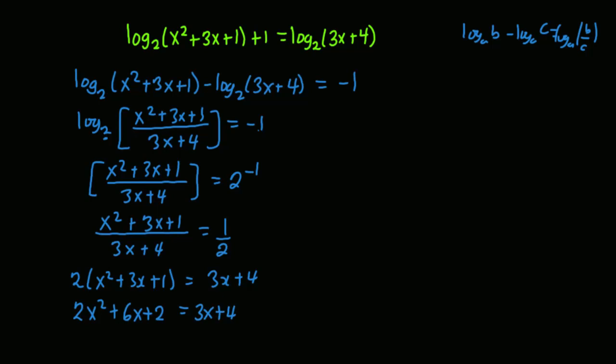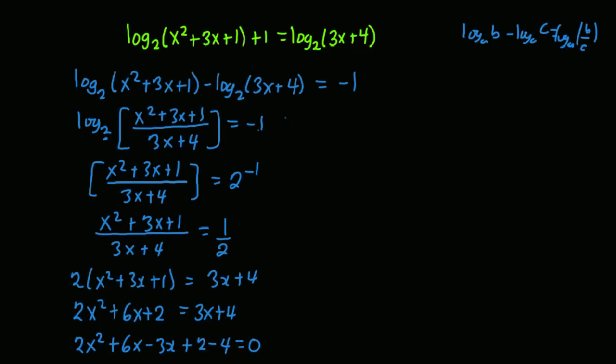So grouping like terms, since this is quadratic, let me send the right hand side to the left hand side so that the right hand side becomes 0. So I'll get 2x squared plus 6x minus 3x plus 2 minus 4, and this is equal to 0.